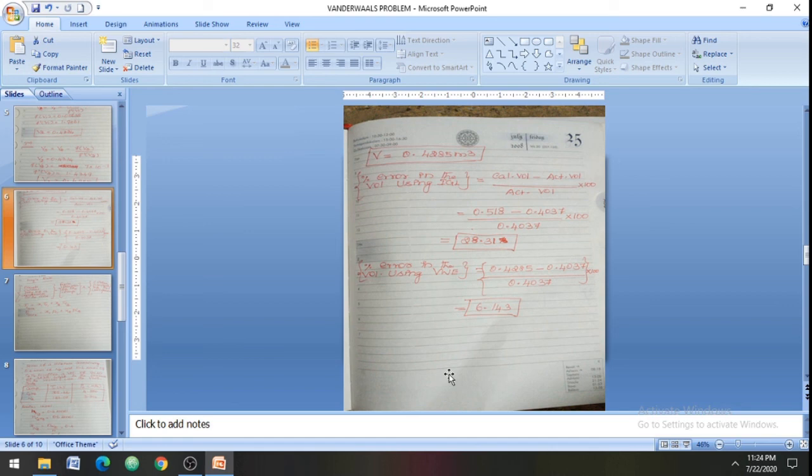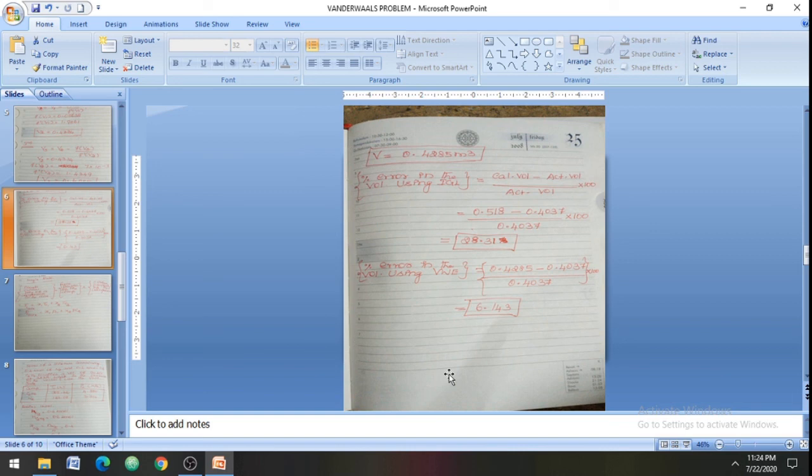Okay. So what is the question? Percentage error in the volume using the ideal gas law, and percentage error in the volume using the Van der Waals equation. First, the percentage error in the volume using the ideal gas law. The formula is calculated volume minus actual volume, divided by actual volume, into 100.